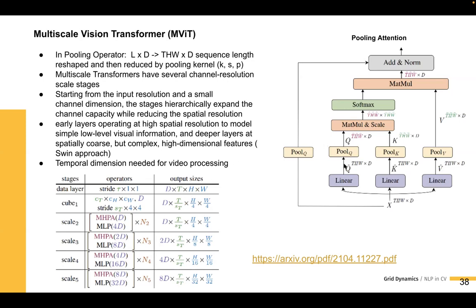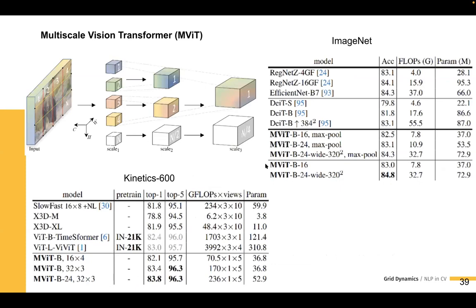And here we have a pooling attention mechanism, which is slightly different from the original attention, and it works. Basically they achieve good results for Kinetics 600, which is working with videos, and on ImageNet they also declare improvements. Let's compare here.